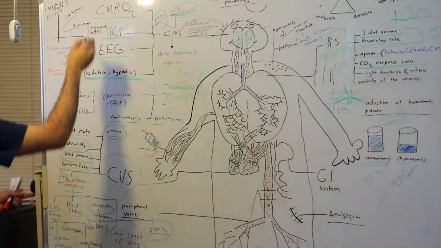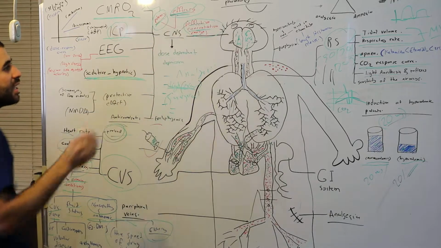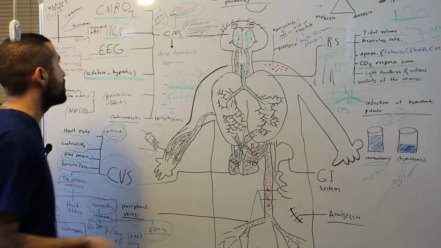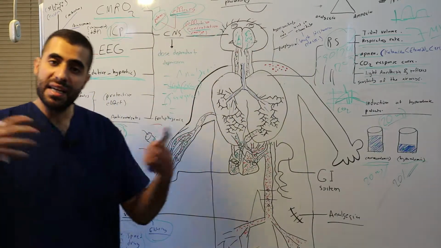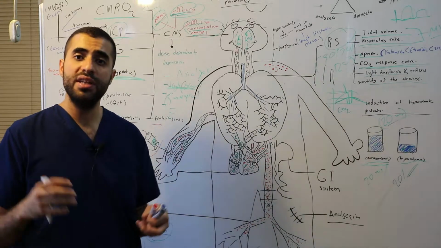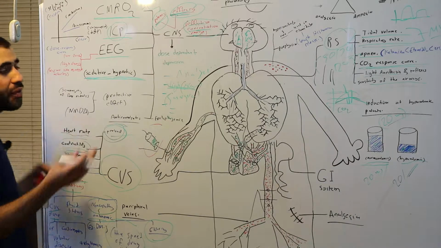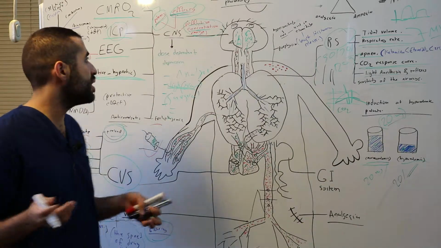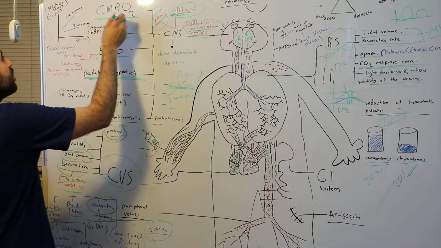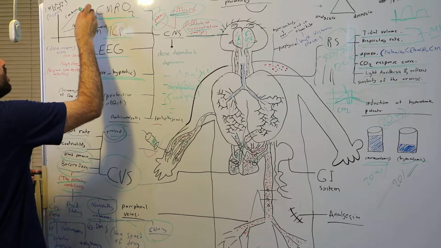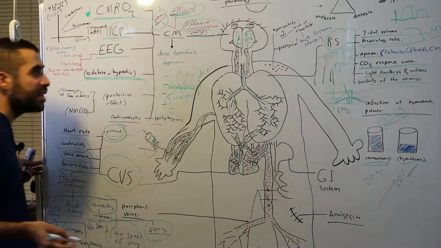The cerebral metabolic rate of oxygen will decrease with most IV anesthetics, so the brain will use less oxygen to do the things it usually does. This will give some protective effect on the central nervous system.